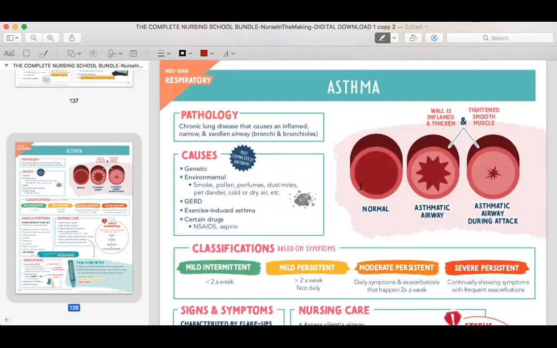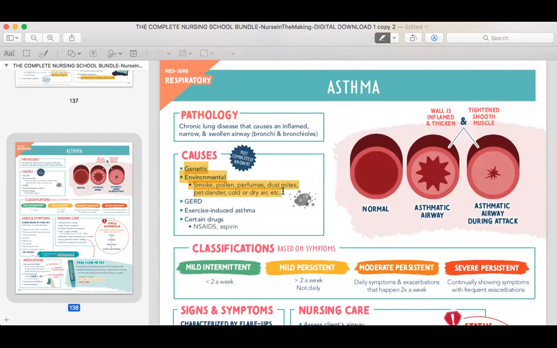Asthma has a lot of causes, to be honest. It can be environmental, genetics, cockroaches can also cause that. Mites, a lot of things. Smoke, pollen, dirt. It could be environmental, like the area that you live in, where there's a lot of dust.